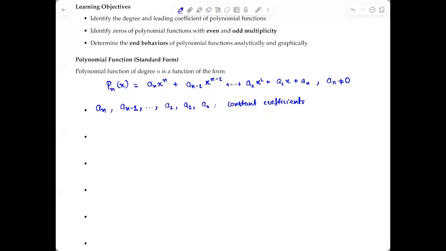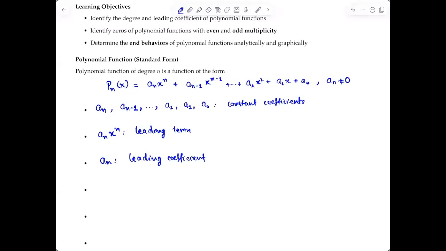Now, a sub n times x to the power n is called the leading term, and a sub n is called the leading coefficient.